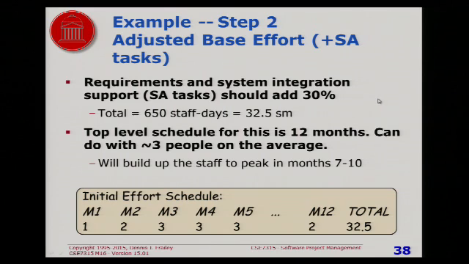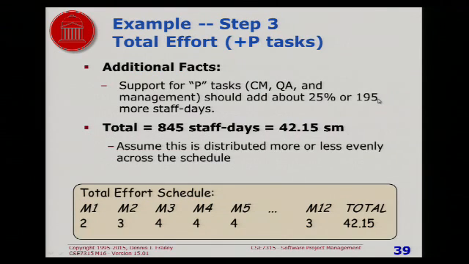All right? Now, the next step is all the support tasks. Now, an important thing about the support tasks is that they add cost, they don't add time, because the support functions are done in parallel with all the development activities. So, let's suppose the support tasks all together add another 25%.